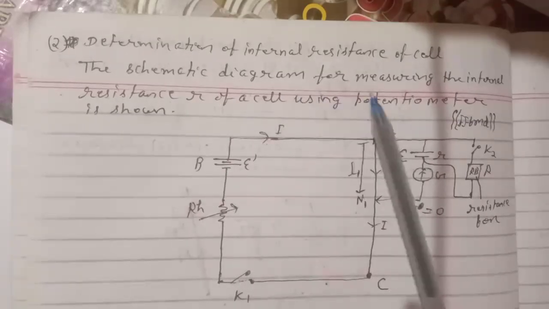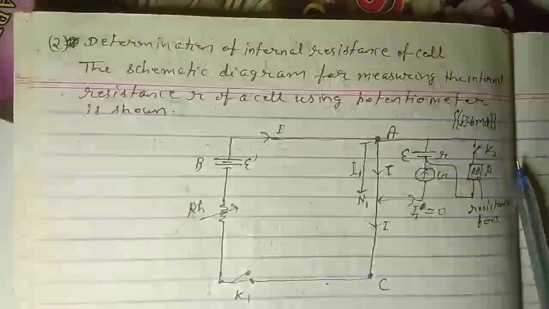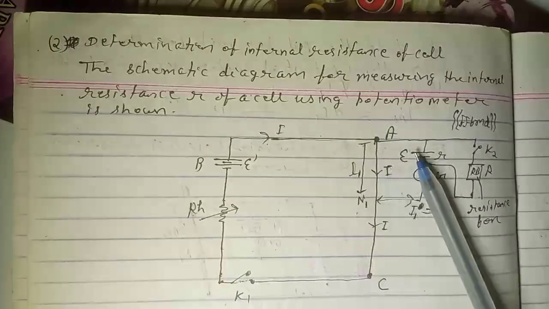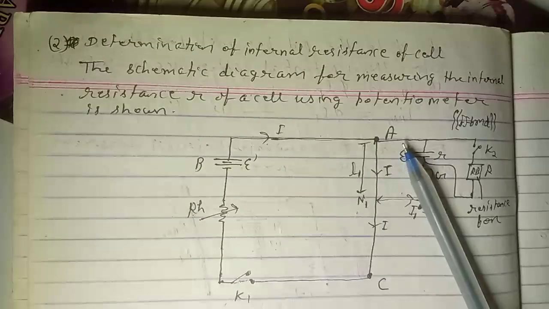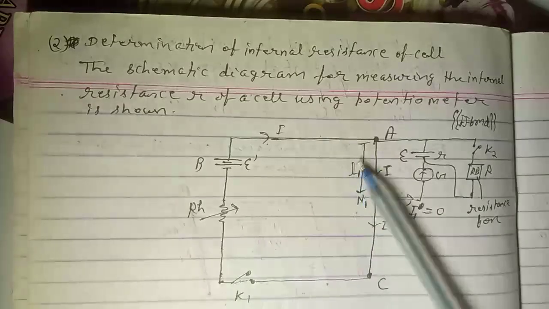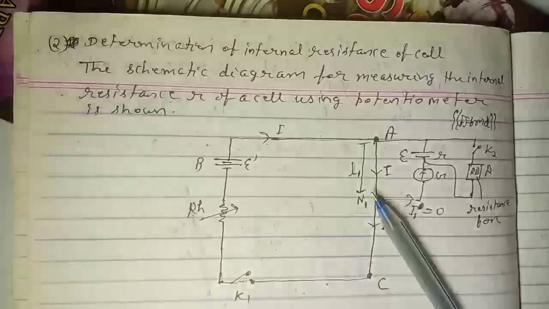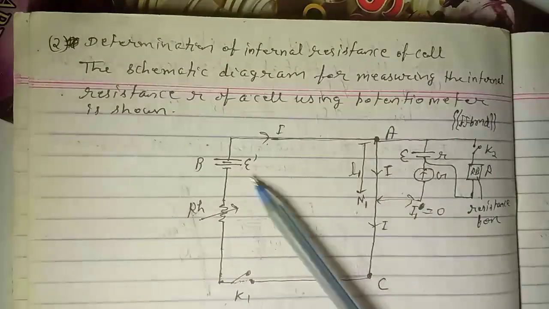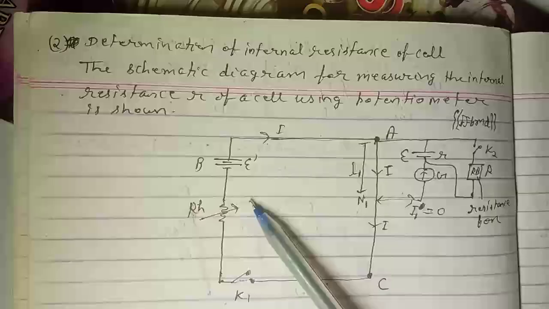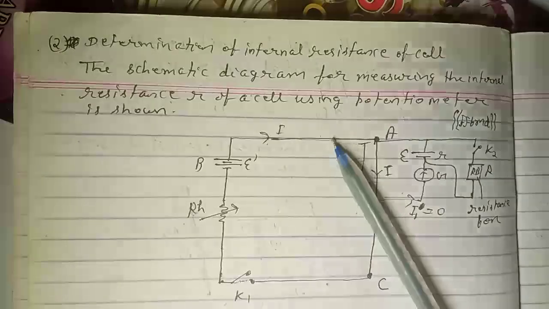The schematic diagram for measuring the internal resistance of a cell using a potentiometer is shown. This is our potentiometer. This is the wire AC, and this is the external battery, and this is the key K1, and current is flowing through this.